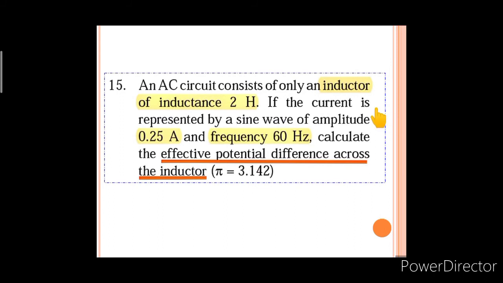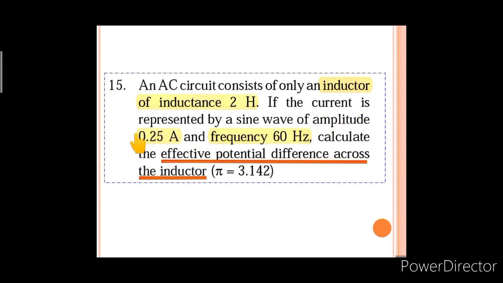Here the value of the inductance is given as 2 Henry and the maximum current is given as 0.25 ampere. As it is given, the current is represented by a sine wave of amplitude 0.25 A, so this amplitude gives the maximum value of the current.